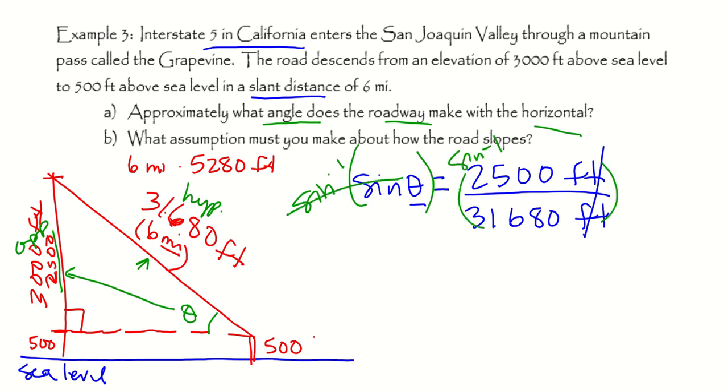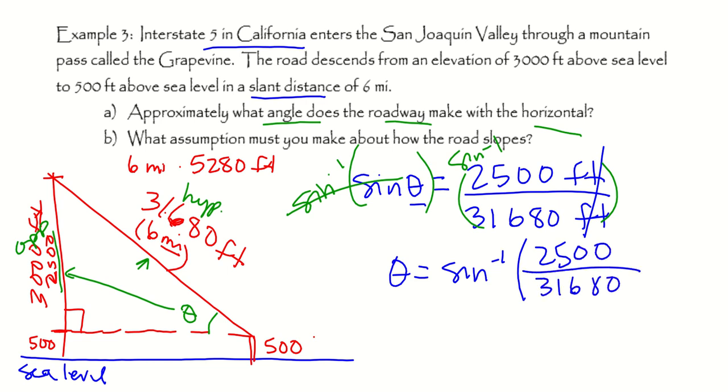So my output is just theta, and I get theta is the inverse sine of 2,500 divided by 31,680. Now this time I didn't reduce this fraction, but my goal really is just to end up with theta. My calculator can handle that number, and when I put that in, I get 4.526 degrees. So this road is increasing on average at a 4.526 degree angle.